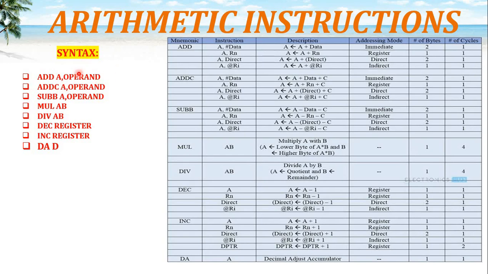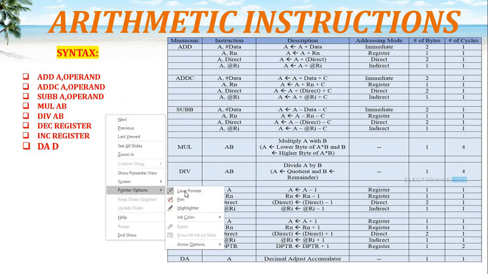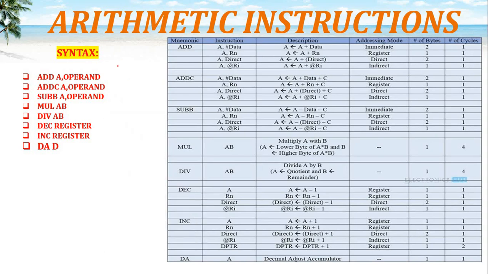Before this step I'll give a move instruction. That is MOV A comma some value will be given. The next step is ADD A comma some value. Let me explain. Before this instruction, how we can write it: in the move instruction also we need to write operand 1 comma operand 2.